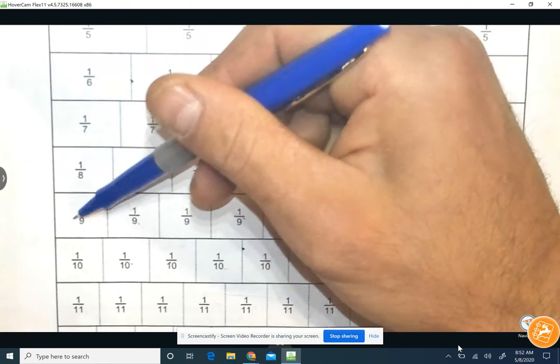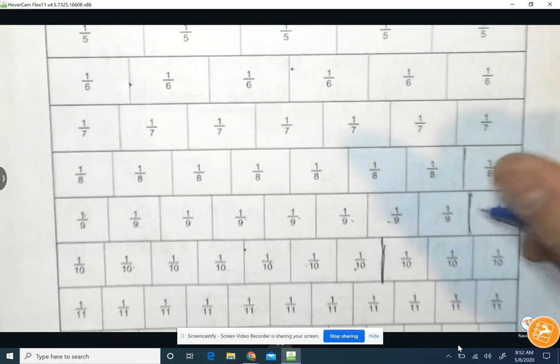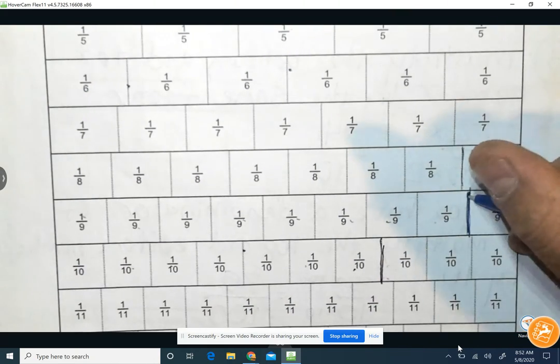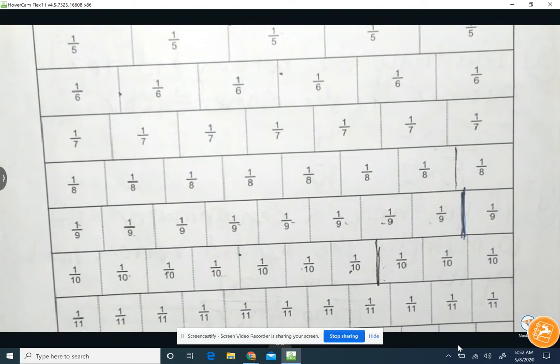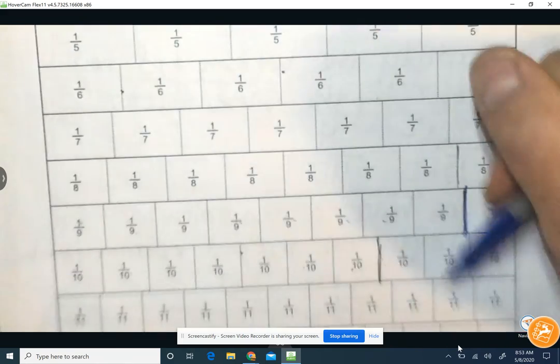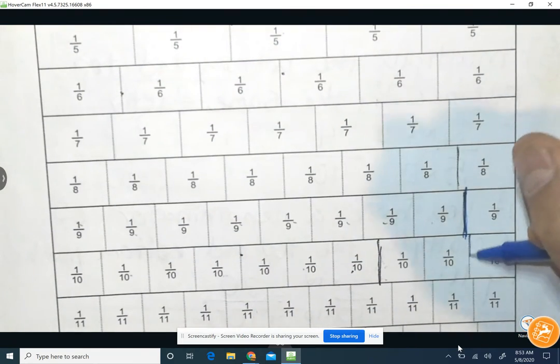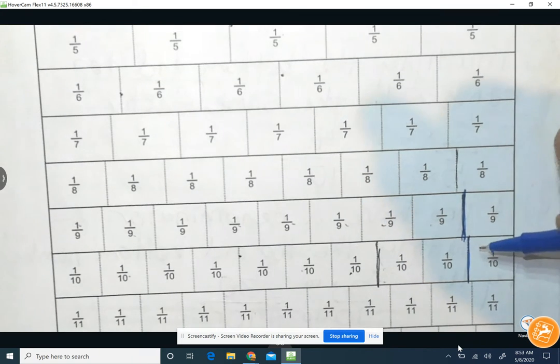So 8/9, we have 1, 2, 3, 4, 5, 6, 7, 8, just like yesterday, or set 17, I should say. And then we are looking for 9/10: 1, 2, 3, 4, 5, 6, 7, 8, 9. Again, here we are, so close.